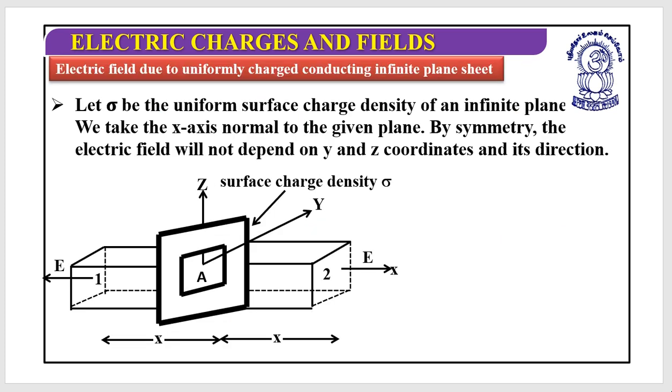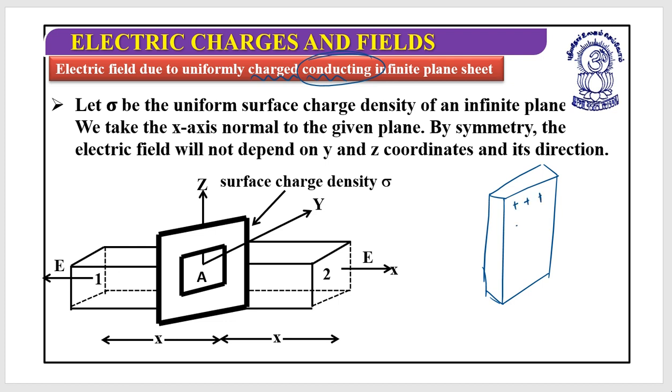Now let's take one more case. Suppose you have a uniformly charged but conducting infinite plane sheet. Now what would be the situation? So let's redraw this. Suppose this is the plane sheet, this is side 1, and this is side 2.